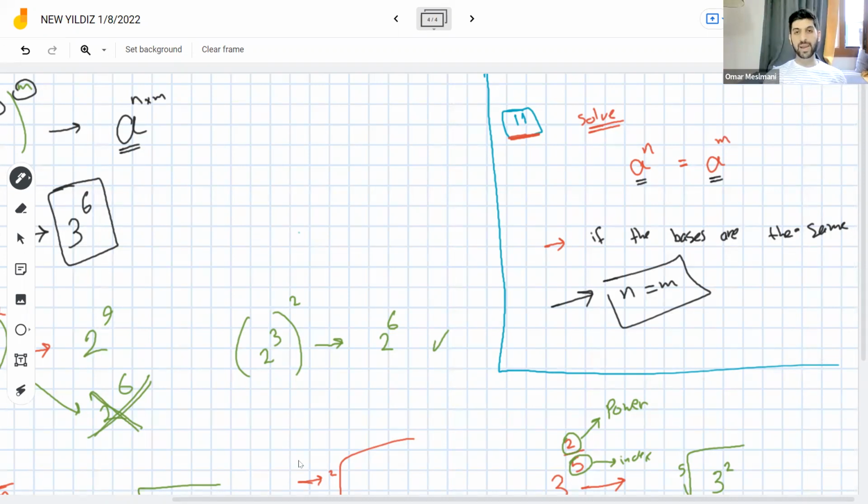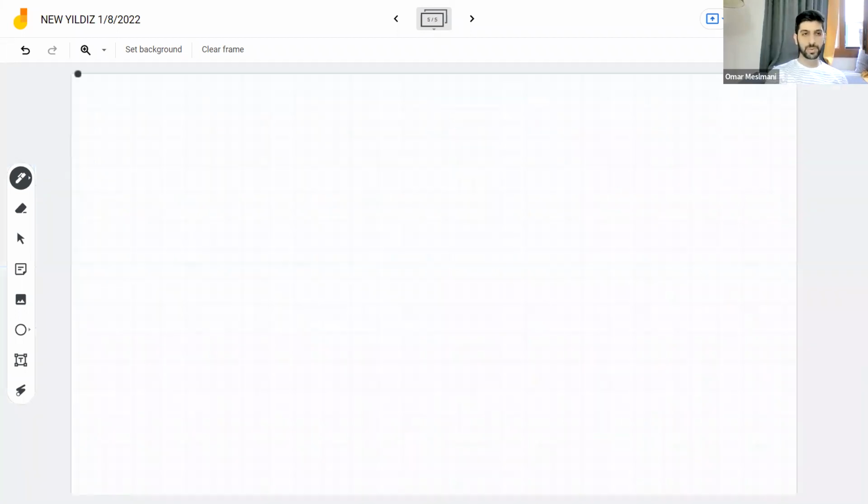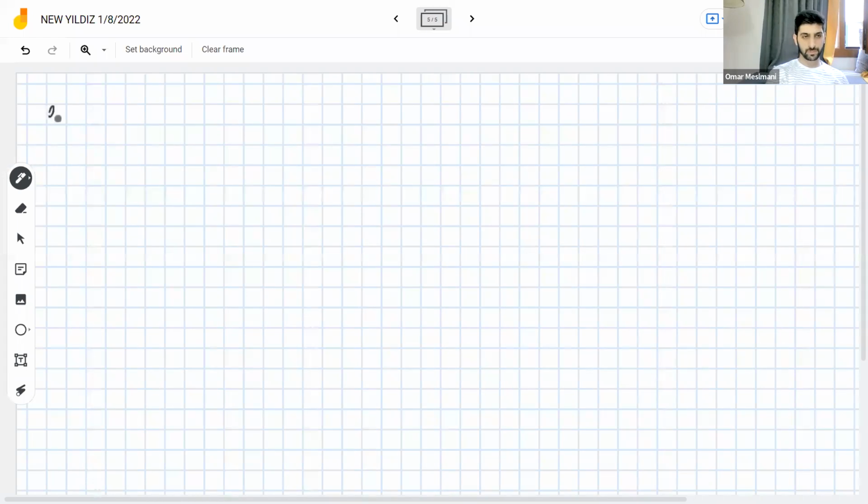I will give you a quick example about rule number 11, and then we will open our notebook and solve some questions. Quick example: 2 to the power of x equals 8. I will start with an easy one. How am I going to solve it?